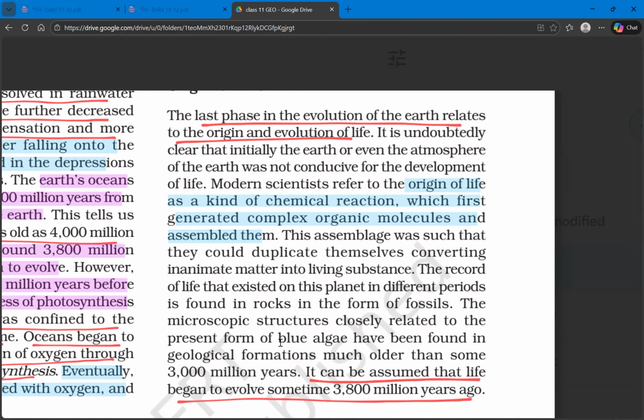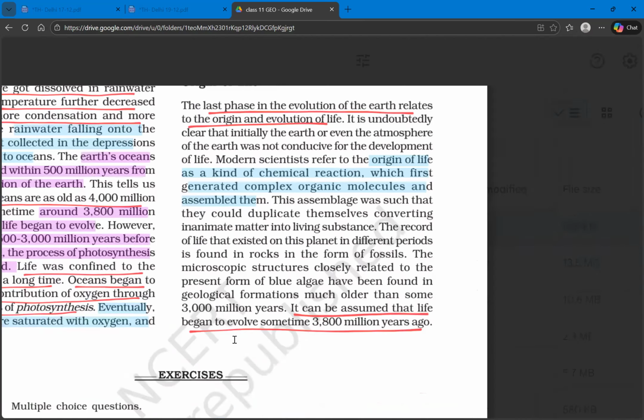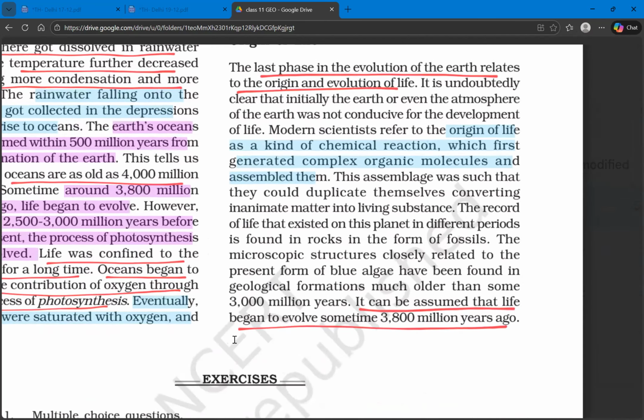So blue algae, or microorganisms like blue algae, were as old as 3000 million years. It is assumed that life began to evolve sometime around 3800 million years ago.